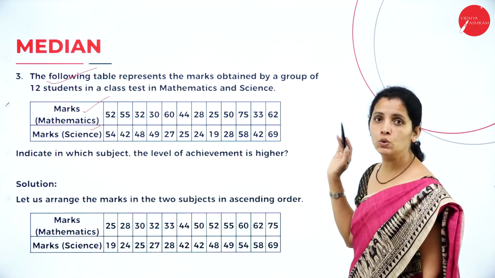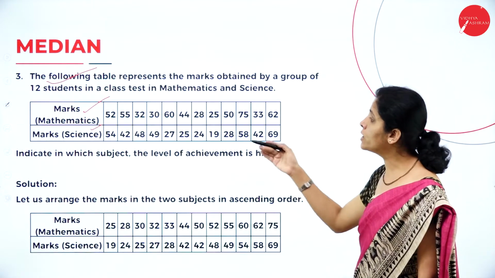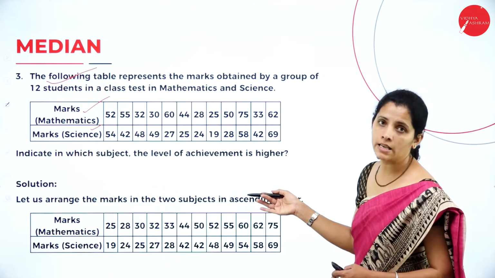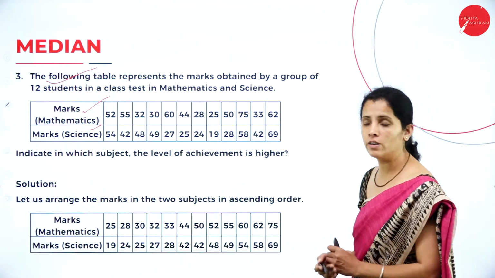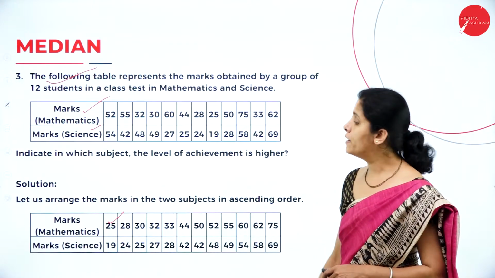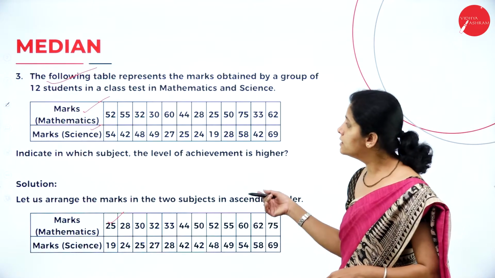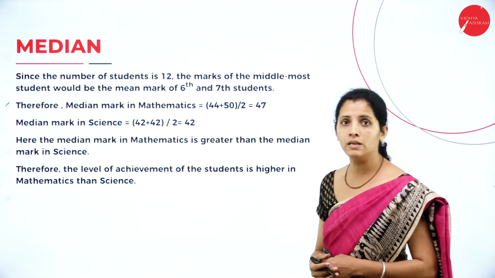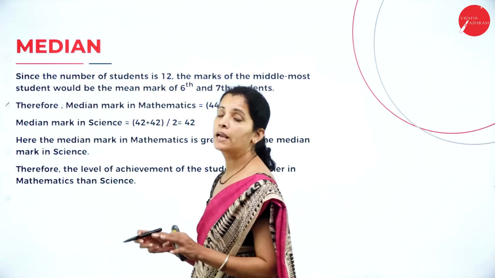So I just rewrite the observations in some order, ascending or descending. I'll write the marks in ascending order. Now see here, how many members do I have? 12 members. 12 is nothing but an even number.